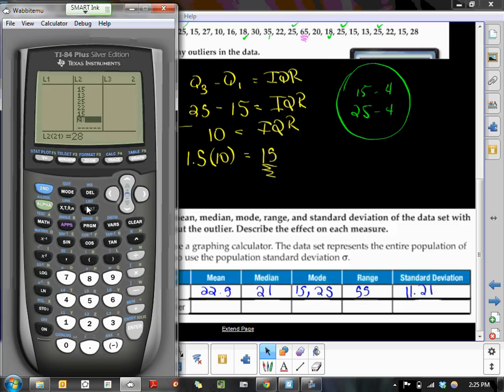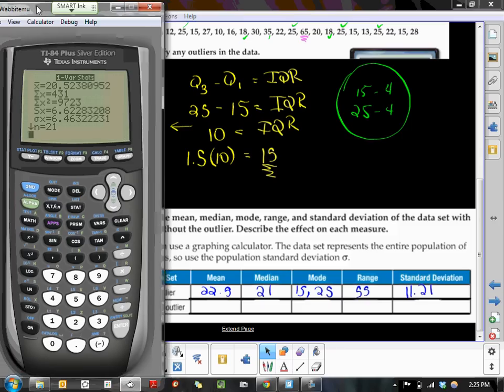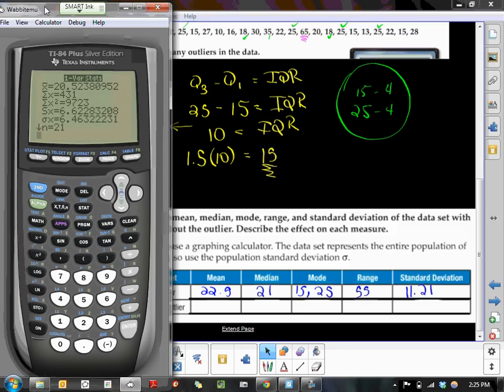And we're going to run our one variable statistics once again. We're going to calculate one variable stats. It's on list 2, and we're going to calculate. And now what does that do to our standard deviation and our mean, median, mode, and so on? If we do that, our mean now is 20.52. Our median, if we come down and look at the median and quartiles, the median is 20.